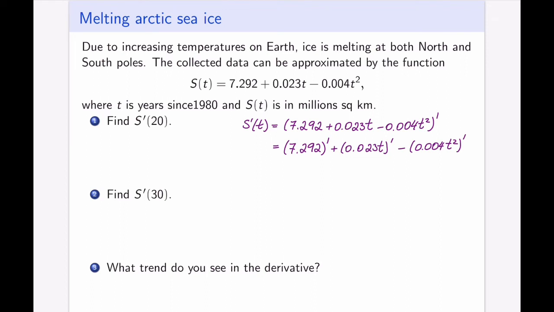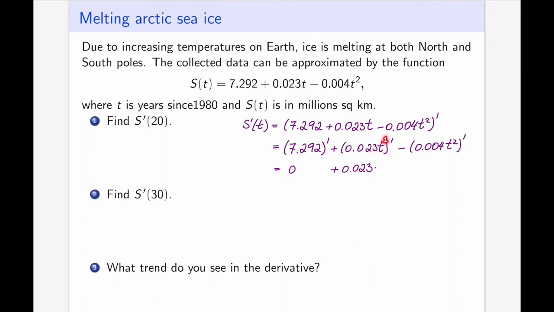And now that I have that, I can start applying other differentiation rules. So this first part here is a constant. The derivative of a constant is 0. The second part here has a constant times the actual variable that we're differentiating with respect to. So I'm going to keep the constant and then take a derivative of the remaining variable.